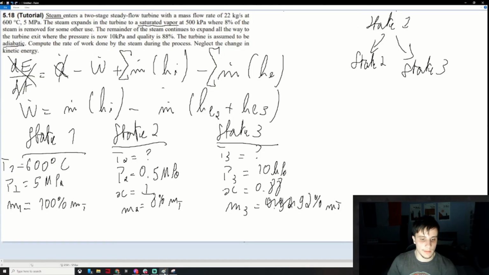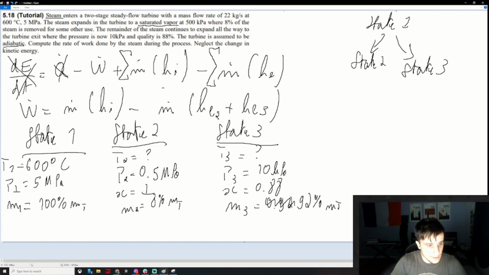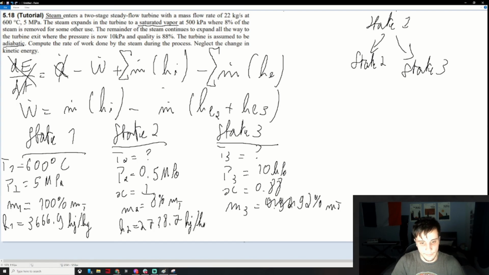Okay. So, right here. Specific enthalpy h1 is equal to 3,667.9 kilojoules per kilogram. h2, 2,748.7 kilojoules per kilogram.